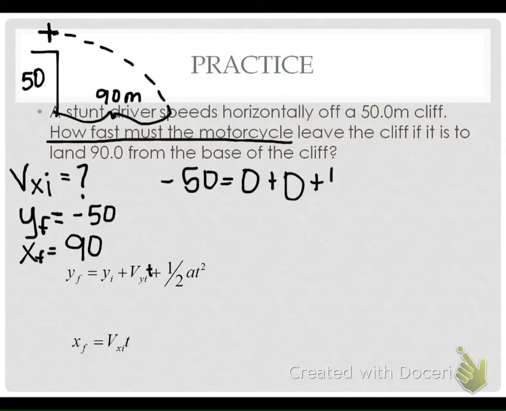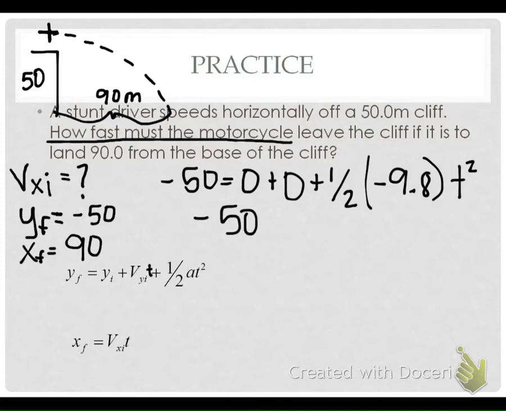So now we have plus 1/2. What's our acceleration for vertical? Negative 9.8 times t squared. So now we're going to have negative 50 equals negative 4.9 t squared.